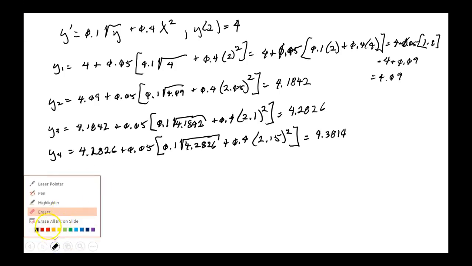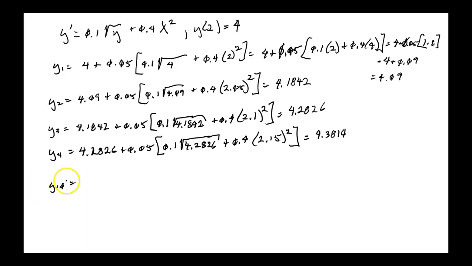This y sub 10, they came out to be 5.0997. And before, their y sub 5, when they did the 0.1 increment, and that also was x equal 2.5, they came out 5.0768.